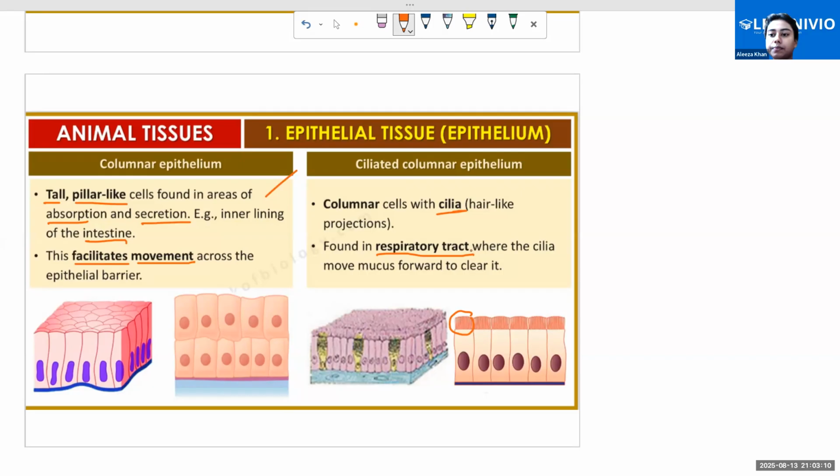Any doubt up till now? No, ma'am. Others also, Abdullah and Mohammed? No, ma'am, no doubts. Okay.